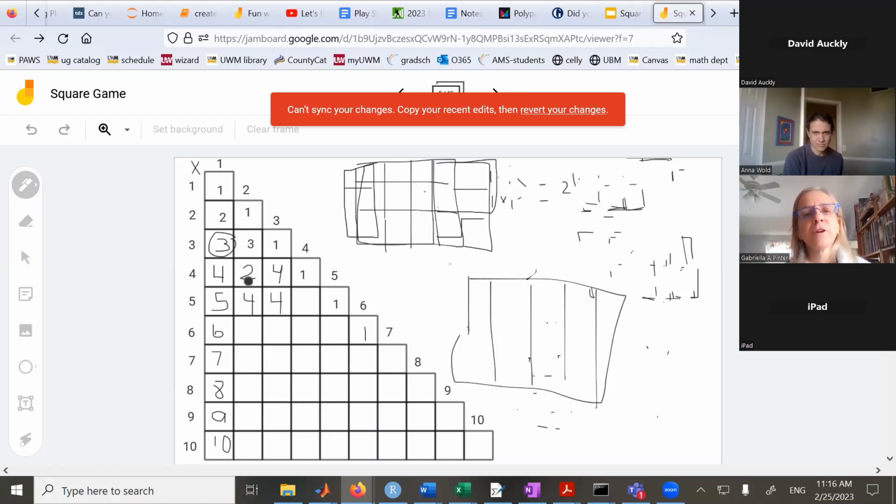Now, if it's a 4 by 2, you said it takes 2 steps. That's good for the person who named 4 by 2, right? Because that person will win. So player 1 wins the 4 by 2 game.